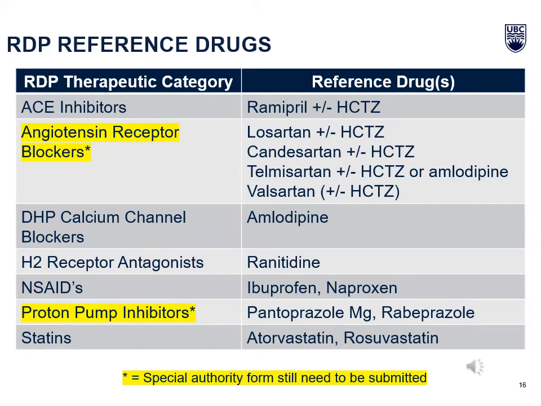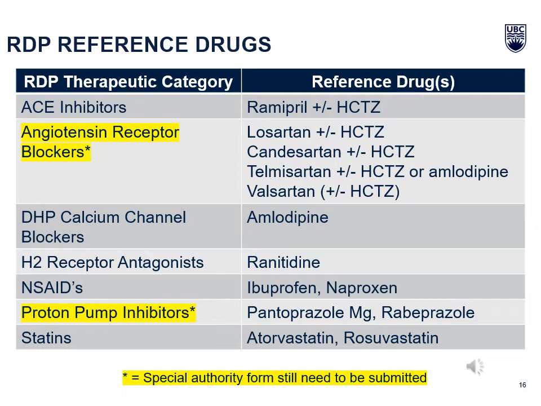This table lists the reference drugs for each RDP therapeutic category. For the ACE inhibitors, the reference drug is ramipril plus or minus hydrochlorothiazide. For the angiotensin receptor blockers, the reference drugs are either losartan plus or minus hydrochlorothiazide, candesartan plus or minus hydrochlorothiazide, telmisartan plus or minus hydrochlorothiazide or amlodipine, and valsartan plus or minus hydrochlorothiazide.